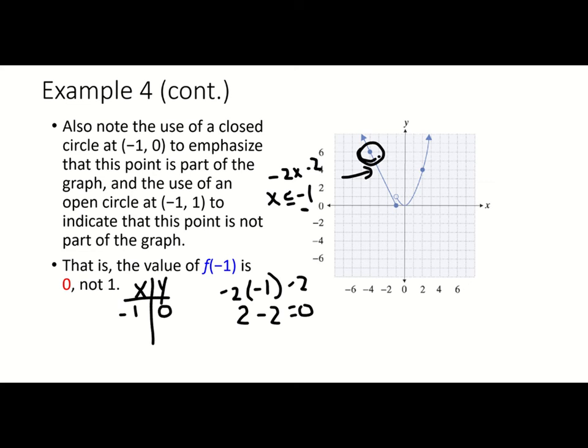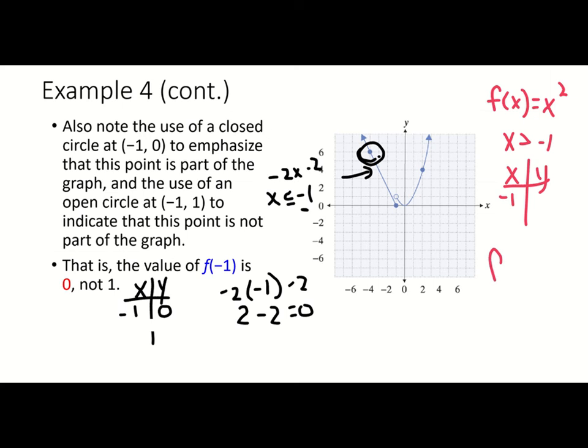All right. For the quadratic portion, the f of x equals x squared. Again, the requirement there was x has to be greater than negative 1. So that means it doesn't include negative 1, but it starts right after it. But when you go to graph it and put some ordered pairs in, you do need to put that negative 1 value in there and evaluate it.